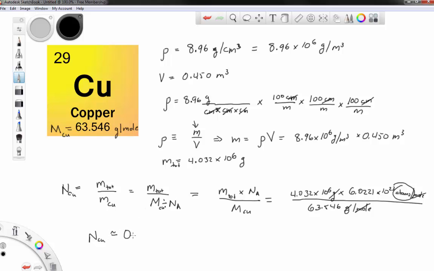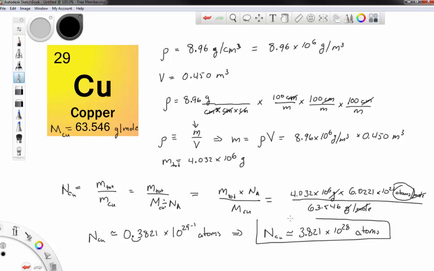This is approximately 0.3821 times, we have 10 to the 6 here, we have 10 to the 23 here, so this is 10 to the 29 atoms. And to make it a little more proper in scientific notation, we'd move this here and we'd subtract 1 from up here, so you get that the number of copper atoms is approximately 3.821 times 10 to the 28 atoms.